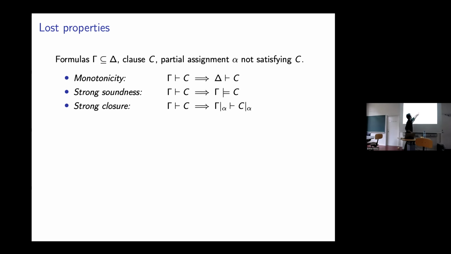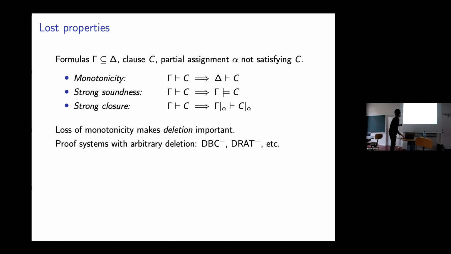This is also often used with the empty clause in place of C, which says that if you can refute this formula, then you can refute its restriction in a proof whose size is not that much bigger than the proof of the original formula. And this property is quite useful in proof complexity. So they're not necessarily closed in either of the senses that I discussed.